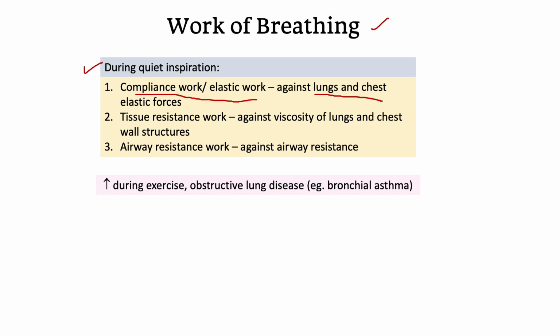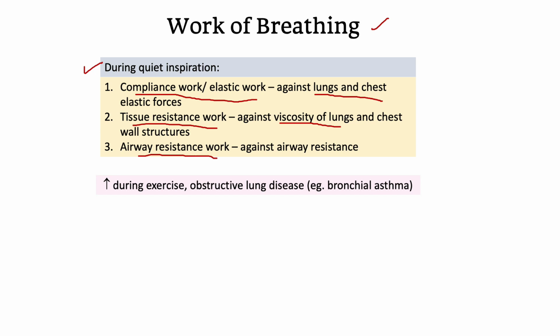And then we have the tissue resistance work. This is the work that the lung has to do against the viscosity of the lungs and the wall structure, which is basically the lung parenchyma itself. And then the third one is the airway resistance work.